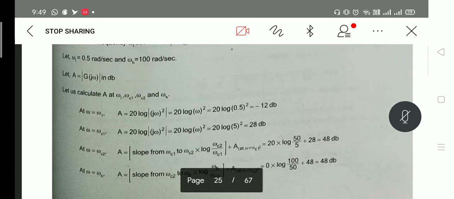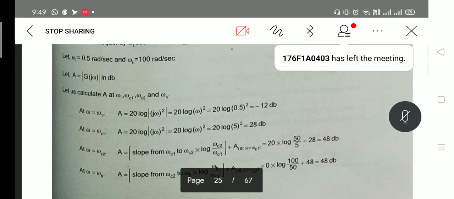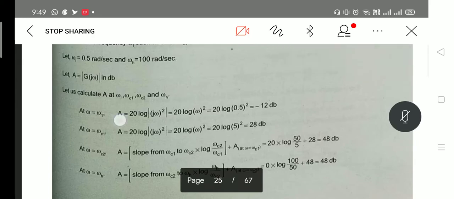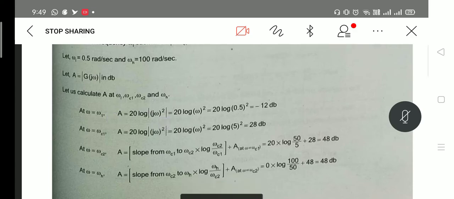Then after, we can find the magnitude. Magnitude is represented as 20 log of g of j omega, already known. So substituting omega equal to omega 1 in place of j omega, I am substituting j omega square.